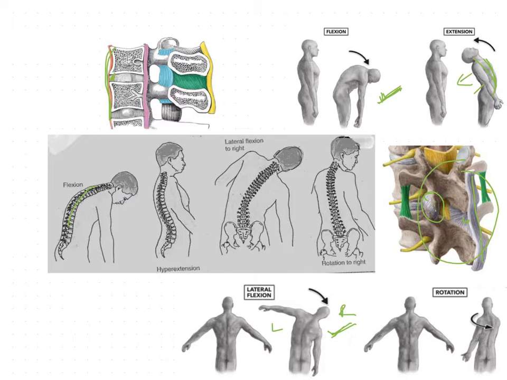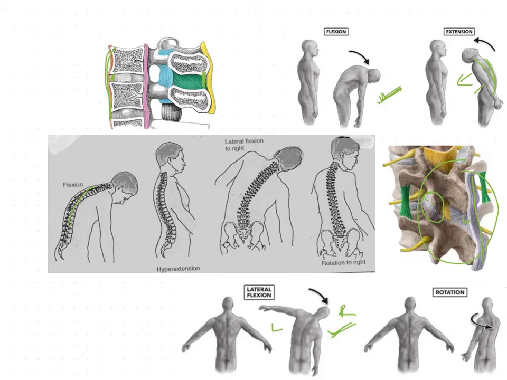And there is also a possibility of contact of the two spinous processes on the posterior aspect, also limiting the extension. So these are flexion and extension.